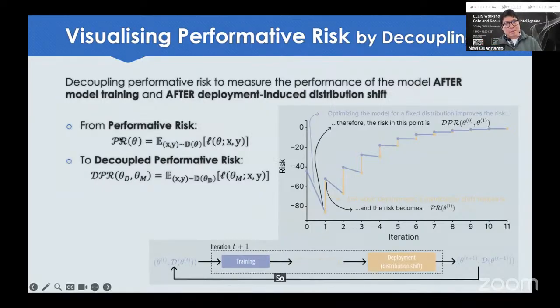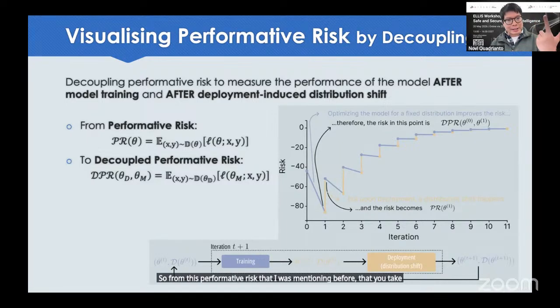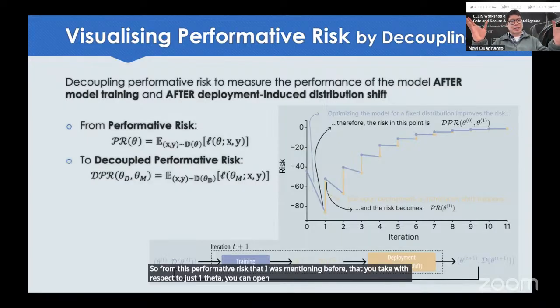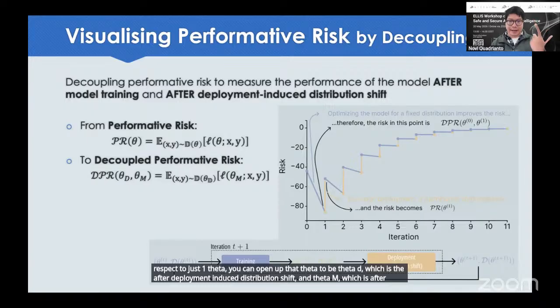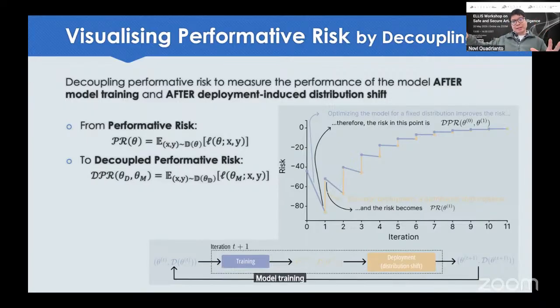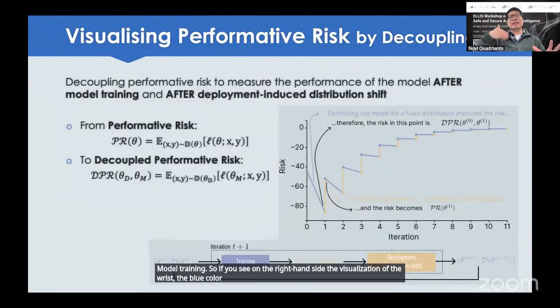So from the performative risk that I was mentioning before, which you take with respect to just one theta, you can open up that theta to be theta d, which is after the deployment-induced distribution shift, and theta m, which is after model training. On the right-hand side is the visualization of the risk. The blue one is the risk after you do model training. The risk goes down. That's with respect to theta m.